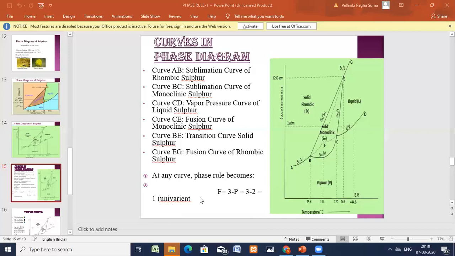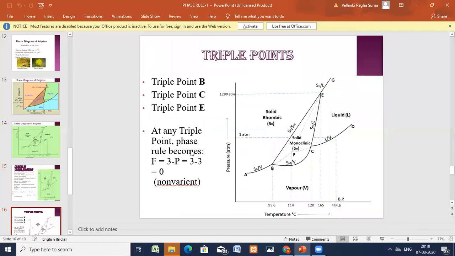So applying the phase rule, you will be getting 3 minus 2. Now coming to the curves, it is all univariant. Components is 1.